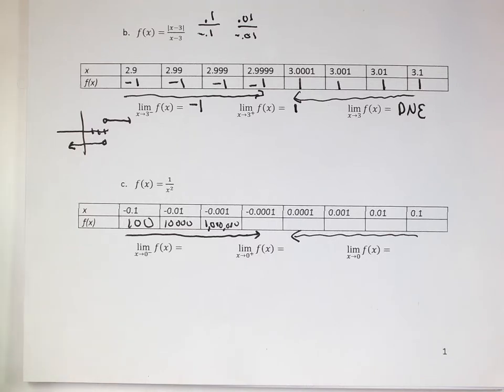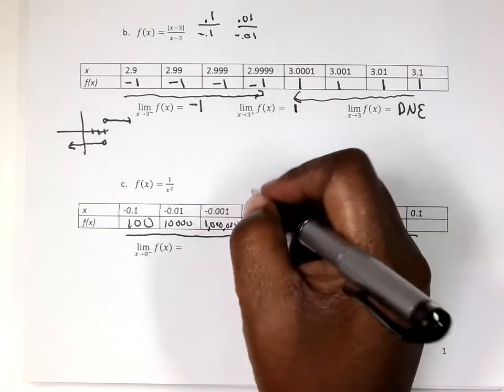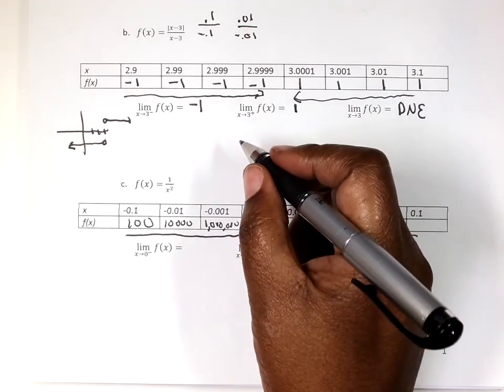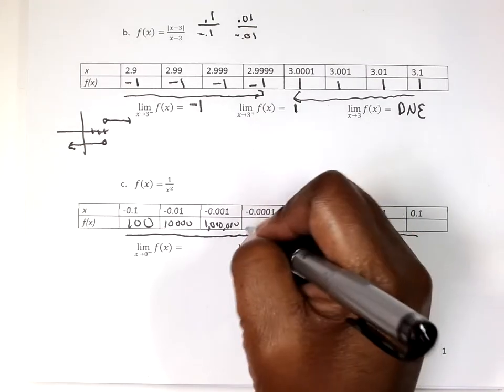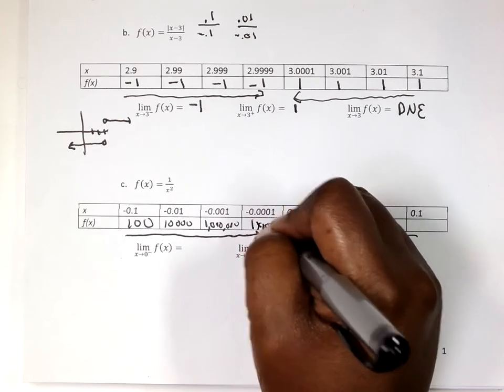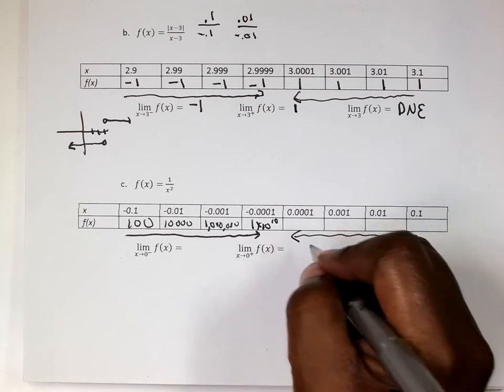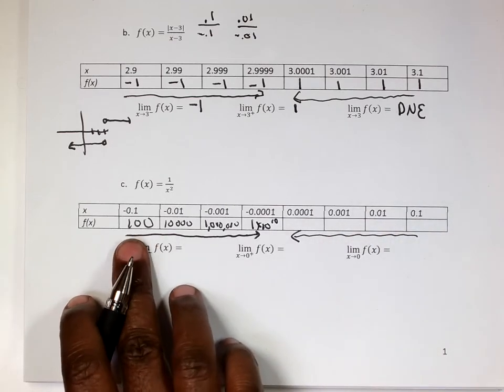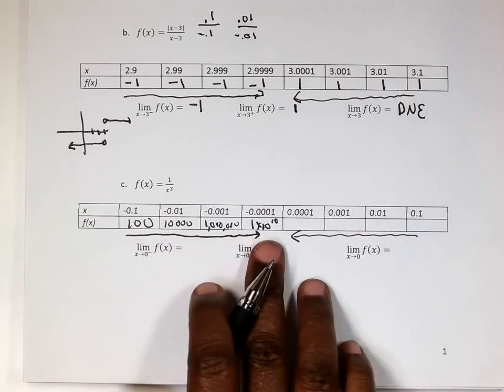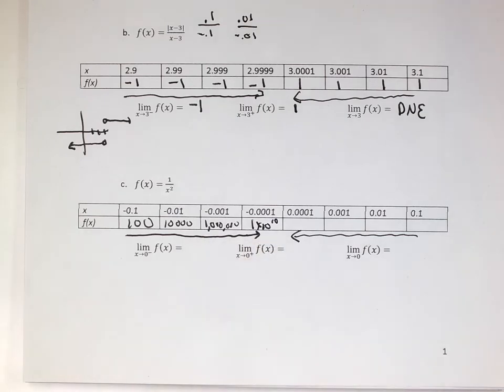And then 0.0001 squared, and you flip that, and you get 1, 2, 3, 4, 5, 6, 7, 8. I think it's 10 to the eighth. I could be wrong. This calculator didn't put it in scientific notation for me. And then on the other side, what is happening to these numbers? 100, 10,000, 1,000,000. These are just shooting up to infinity.